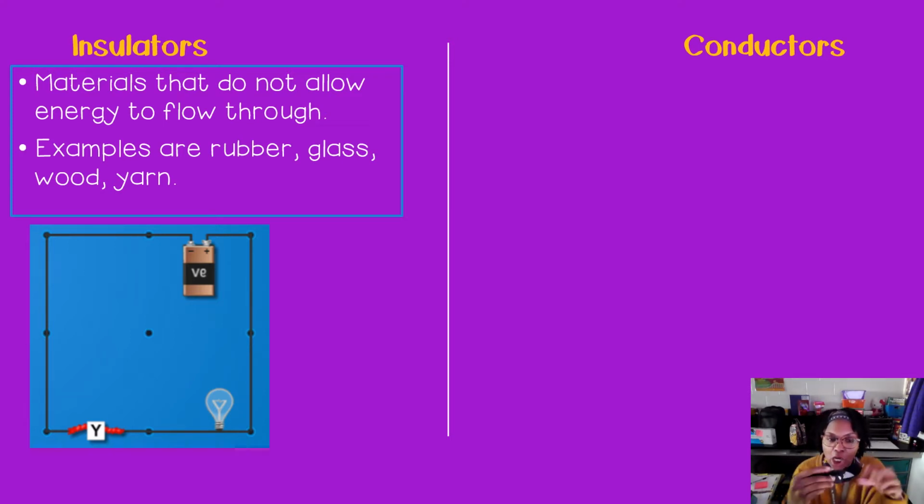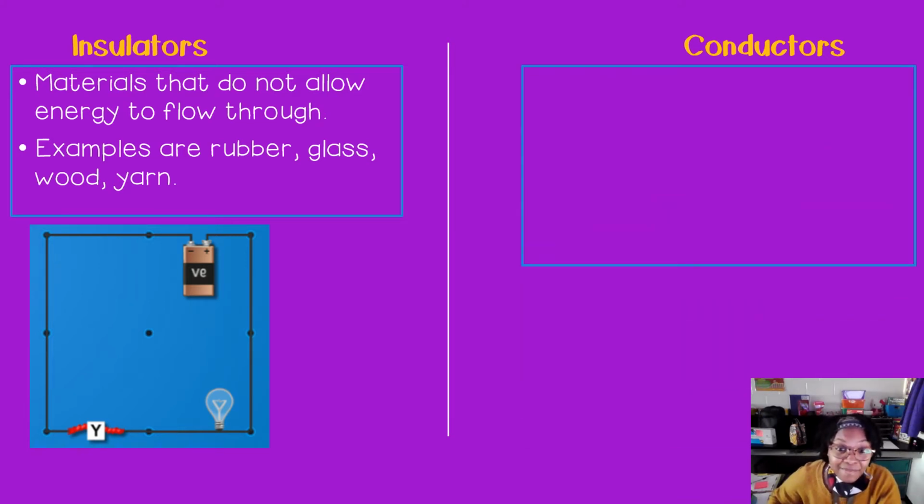So when I have that yarn in the place of a wire, that's pretty much making my circuit an open circuit. And we know if a circuit is open, then that electrical energy isn't able to flow and my light bulb isn't able to be lit up. So insulators do not allow energy to flow through.